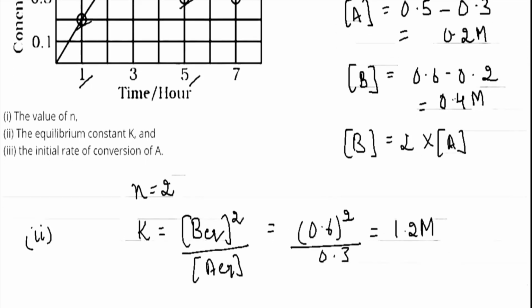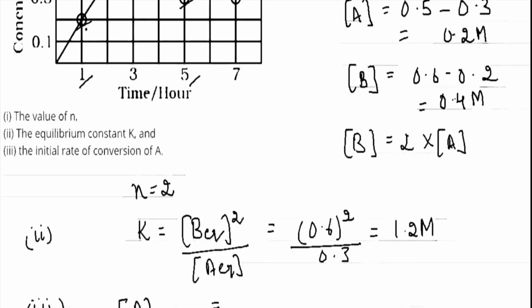Now in the third part I have to find out the initial rate of conversion of A. So what is the initial rate of conversion of A? The change in the concentration of A that I need to find out is for a 1 hour period. So for a 1 hour period, what is the change in concentration of A taking place?